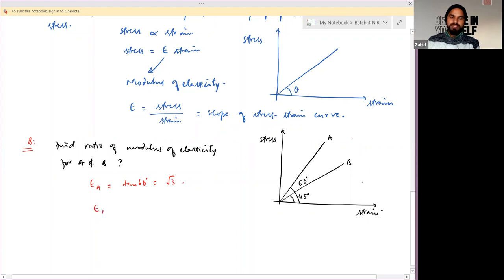And the modulus of elasticity of B will be tan 45 degrees, and tan 45 is 1. Now divide these two terms to take the ratio. So EA divided by EB equals √3:1.